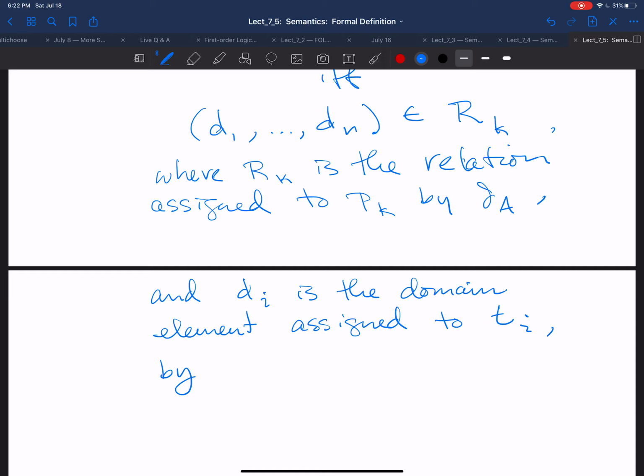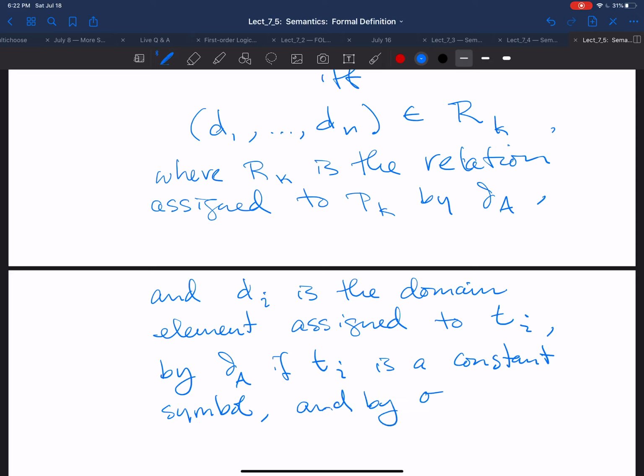The domain element will be assigned to ti by the interpretation I sub A if ti is a constant symbol, and by sigma sub I sub A if ti is a variable symbol. Okay?